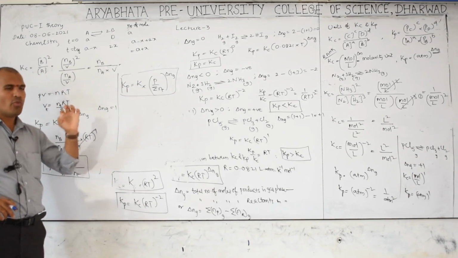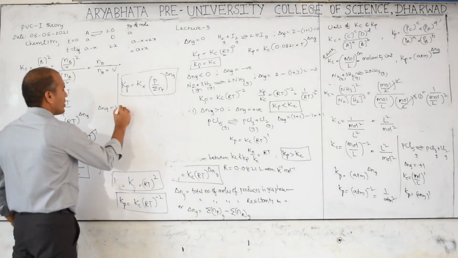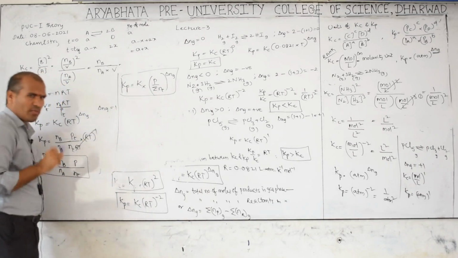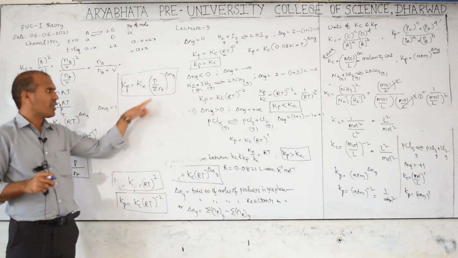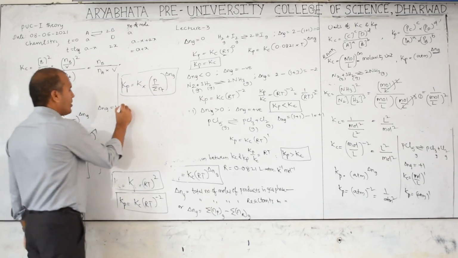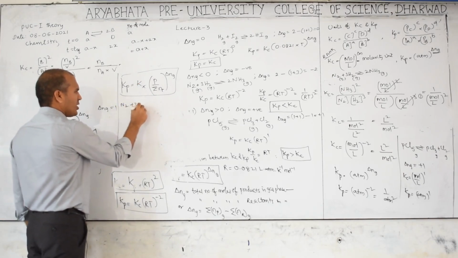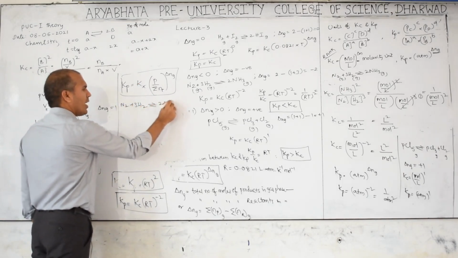X means what? Mole fraction. So simply it is represented as number of moles of product by number of moles of reactant. This total number of moles is applicable for both. That's why simply you have to write this equation, may be given N2 plus 3H2 gives rise to 2NH3.